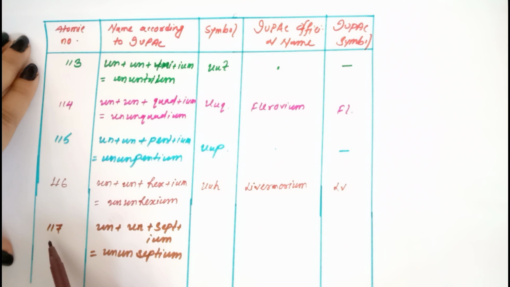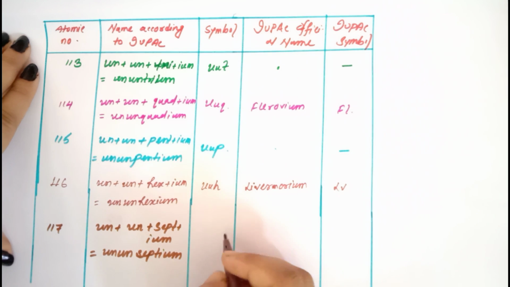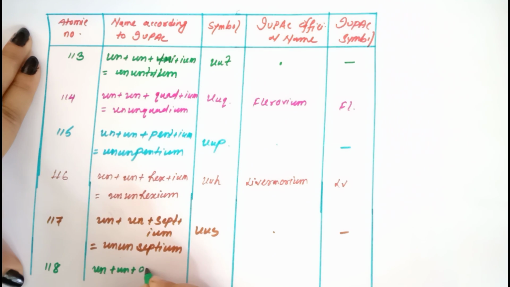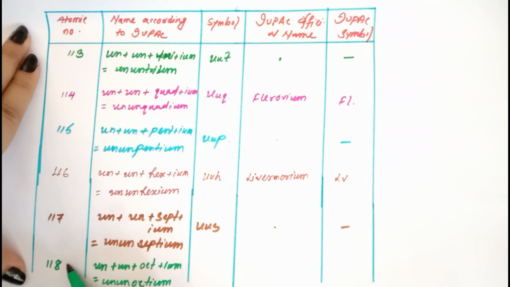The element having atomic number 117 is named Ununseptium, symbolized as Uus. The element having atomic number 118 is named Ununoctium, symbolized as Uuo.